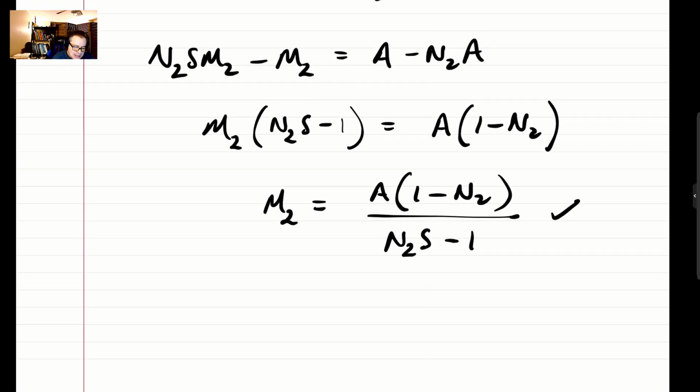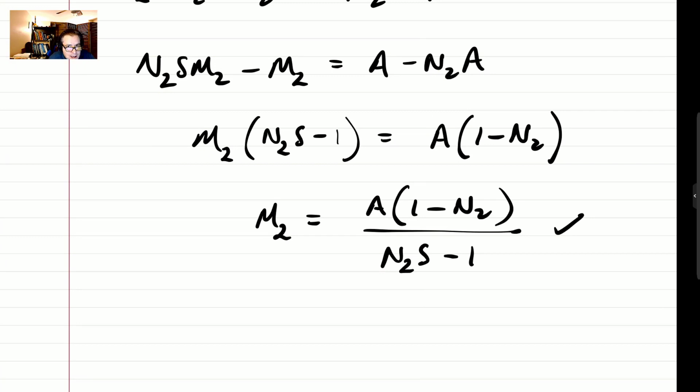That's the stage 2 mass, the individual mass, in terms of the n2 value, which is actually the n value, and actually the n1 value.